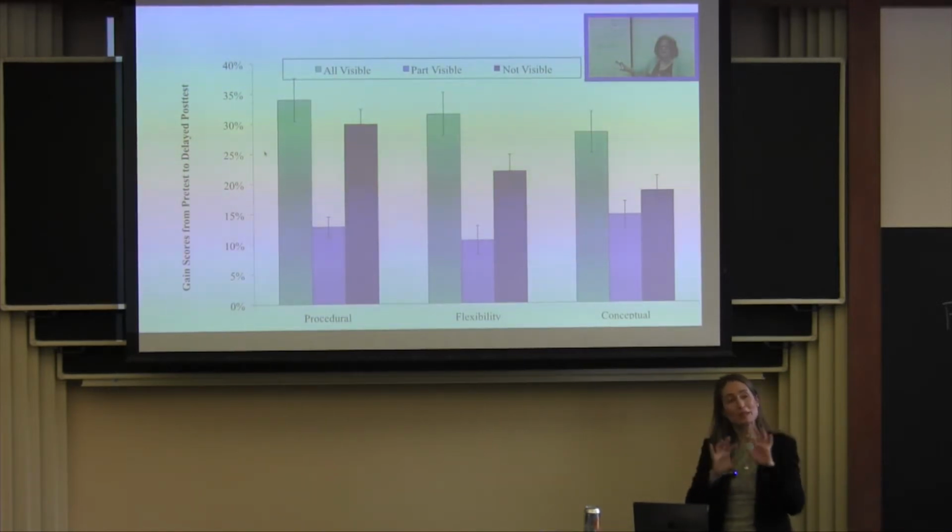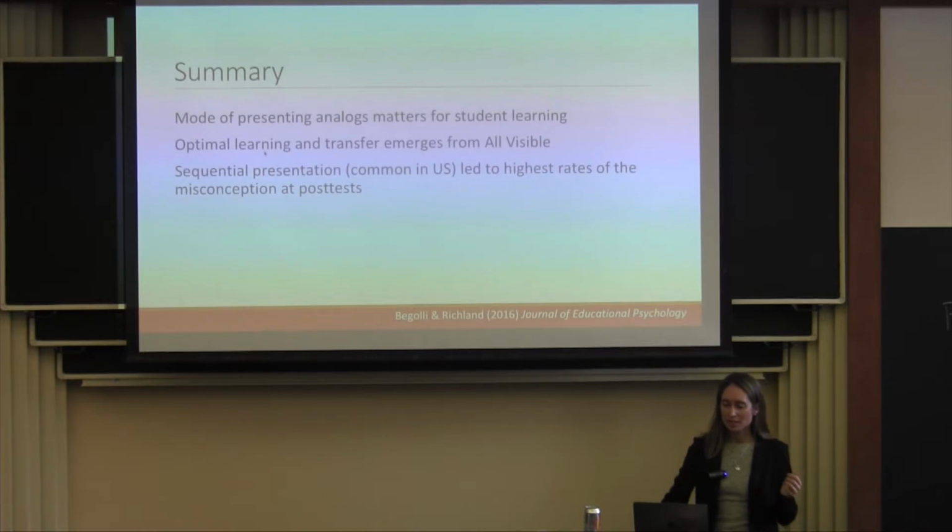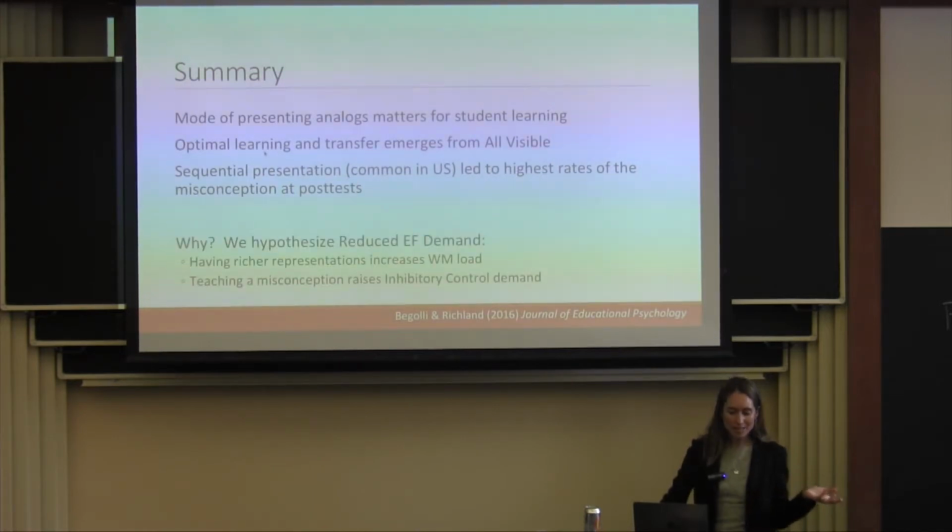So the working memory load maybe was too much to draw those comparisons and build a larger understanding. Okay, so we hypothesized that this was a matter of reducing this executive function demand, right?